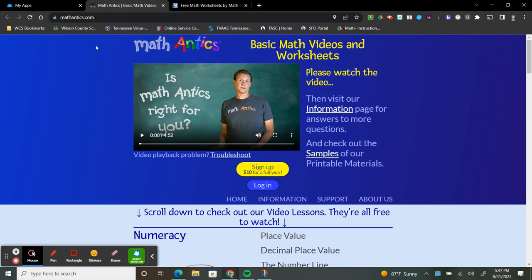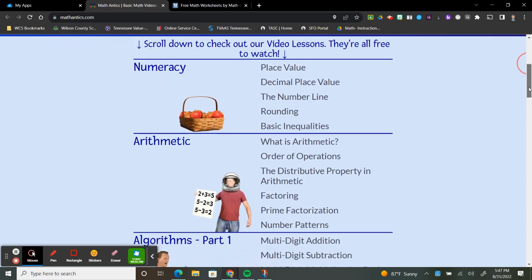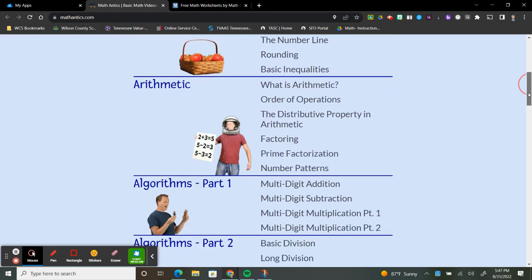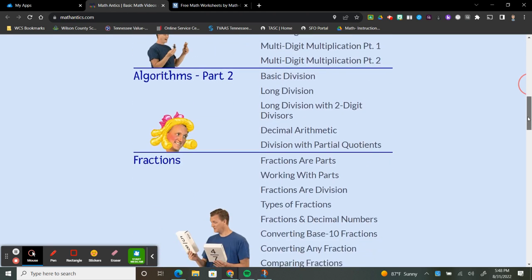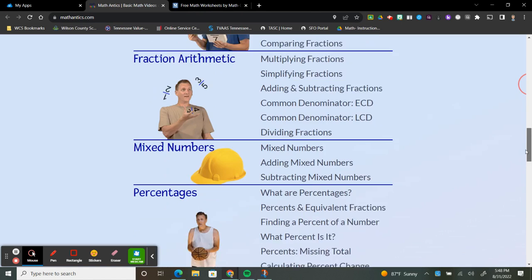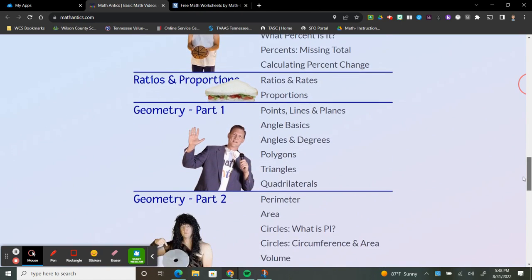Math Antics is a good place to go. You can sign up for Math Antics, but they also have free resources. So when you scroll down here, all of these are videos, and they are a little corny and cheesy, but it does catch their attention. So there's fraction work, there's percentages, we get into ratios and proportions.